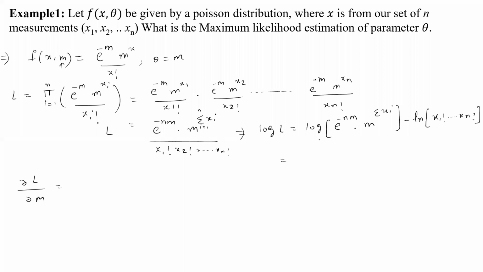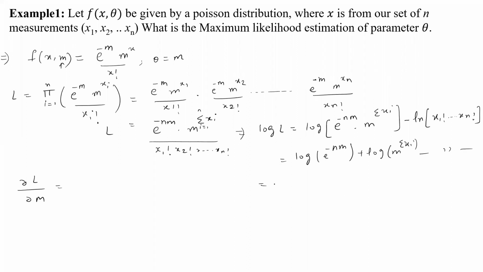Before that, I will simplify this term. Log of m into n becomes log m plus log n. So this will be log of e power of minus nm plus log of m power summation of xi, minus this term as it is.